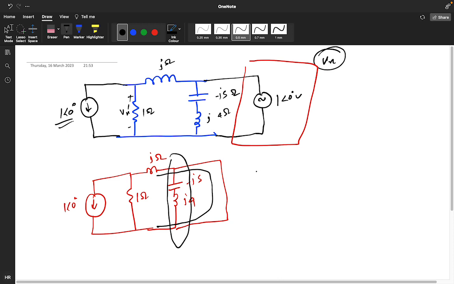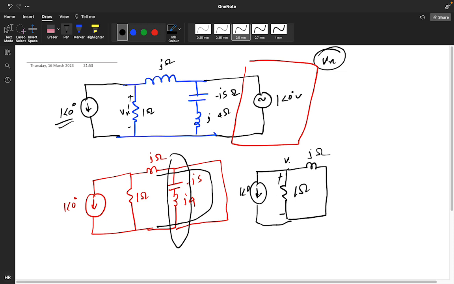So this is 1 ohm, this is j ohm, the circuit becomes like this, and this is your 1 at an angle 0. You need to find the value across this. I'm assuming Vx here. Apply the nodal analysis and get the answer.